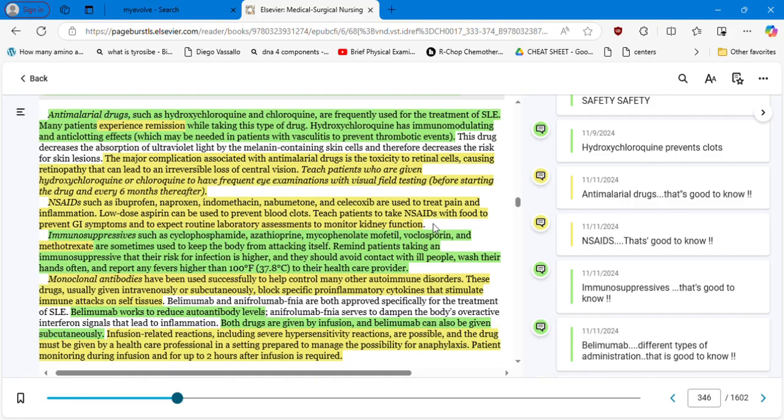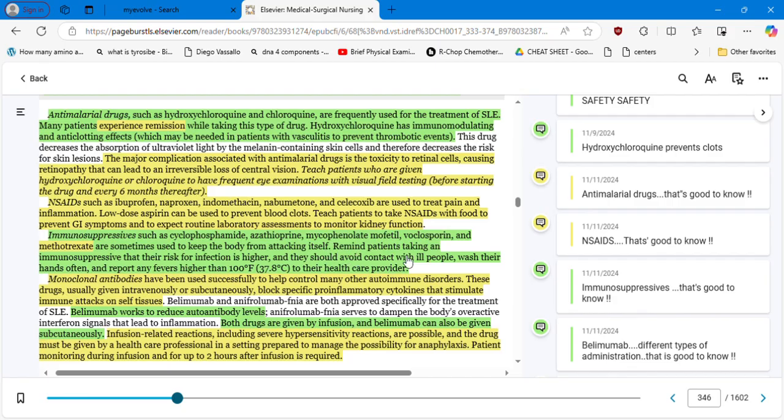Also, NCLEX alert: immunosuppressives such as cyclophosphamide, mycophenolate mofetil. But the most important that I want you to remember is methotrexate. This is a very popular chemotherapy agent. It's an immunosuppressive, right? Sometimes used to keep the body from attacking itself.